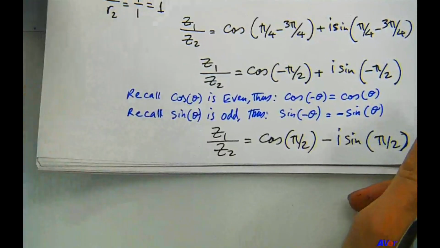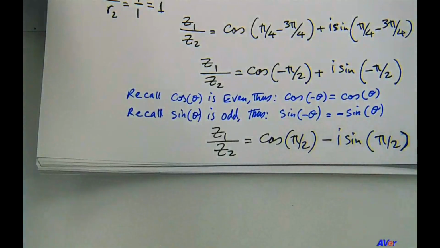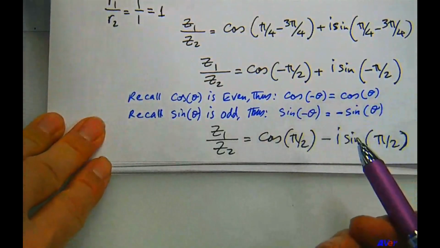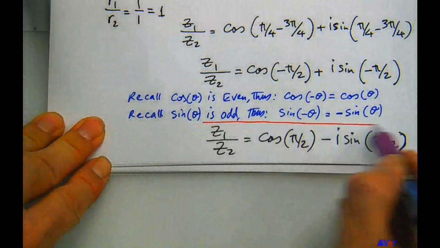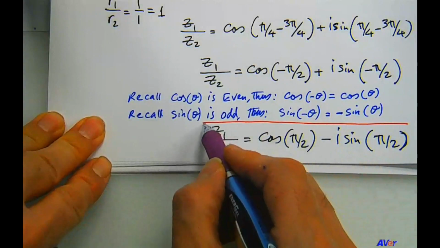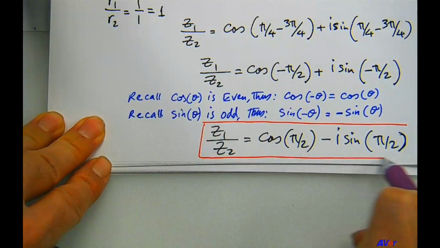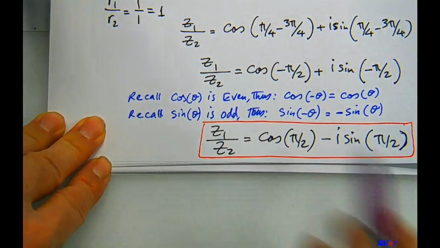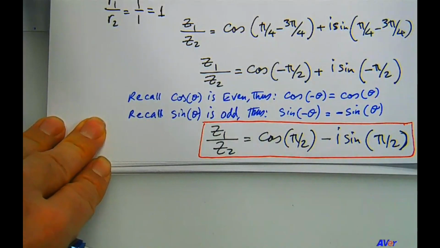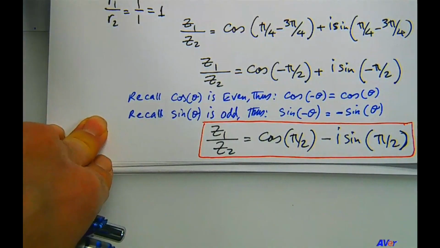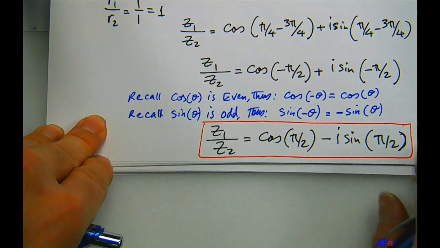And we keep it like that. Cosine of pi over 2 is 0, we know that, and sine of pi over 2 is 1, and we don't want to go beyond this. This is the polar complex form which we were asked to give our answers in.